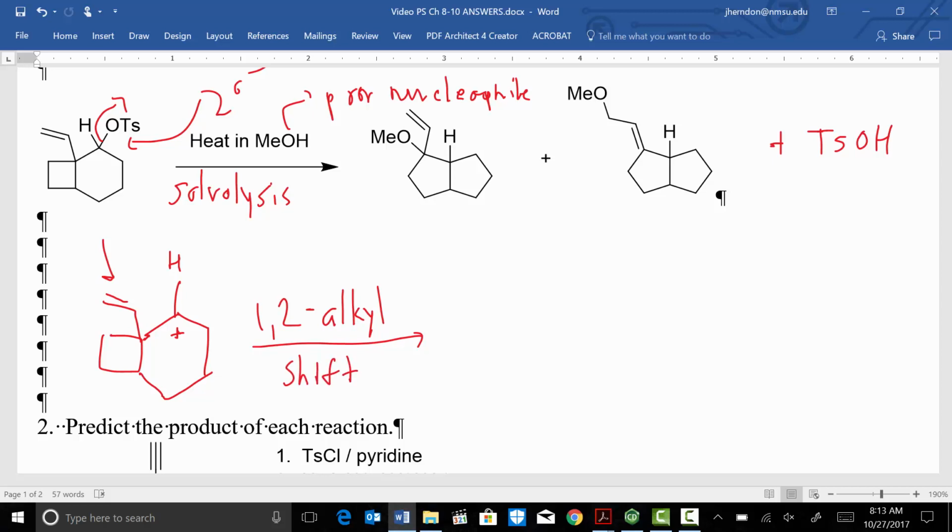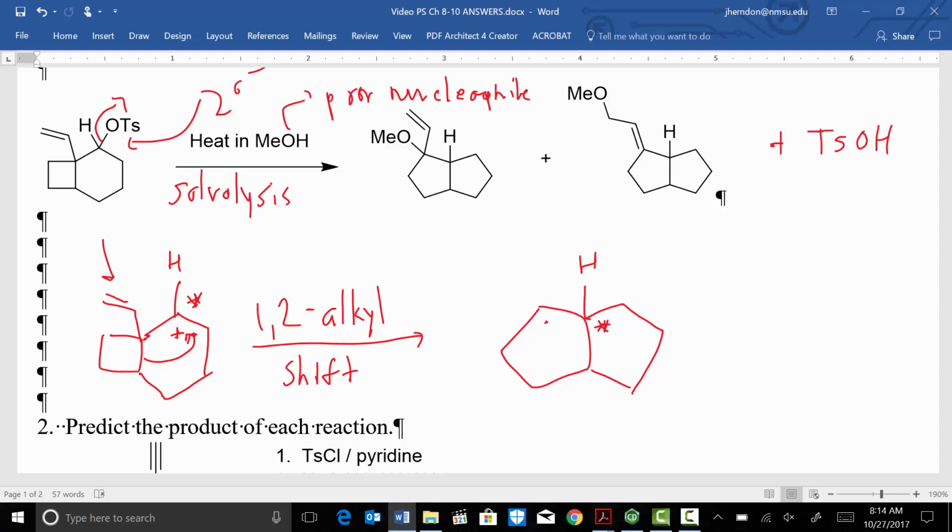What we're doing is moving this C-C bond, where the arrow is starting, in a 1,2 alkyl shift. This is going to change the ring size from 6,4 to 5,5. Our hydrogen is here, so let's just put an asterisk there. Hard to make an asterisk with a stylus, but there it is.